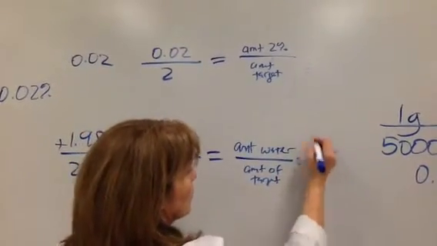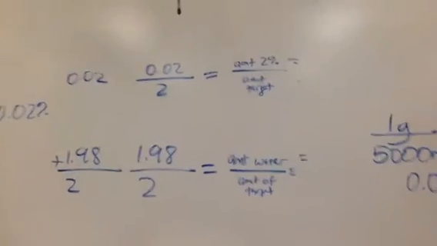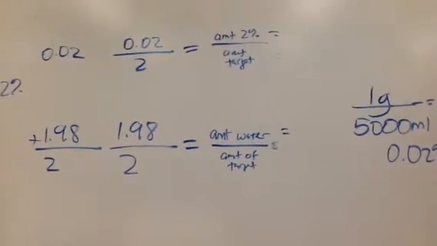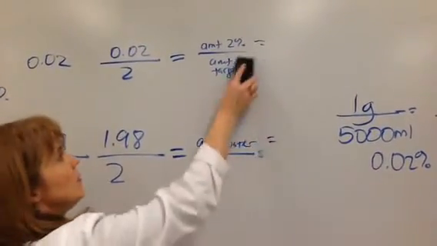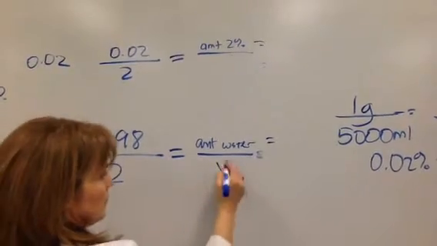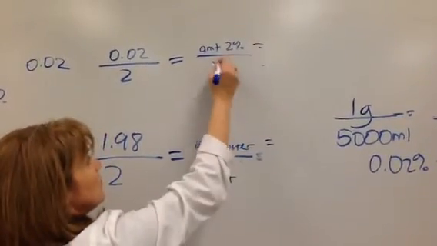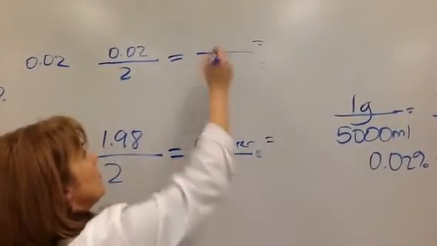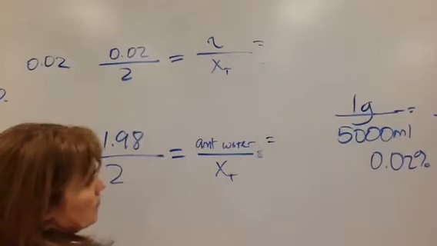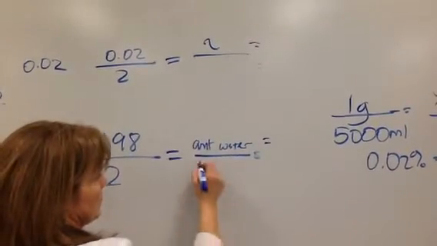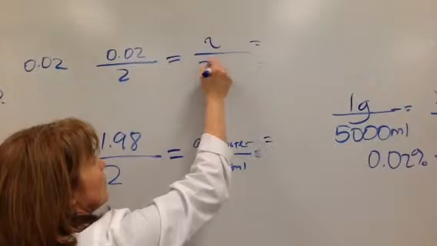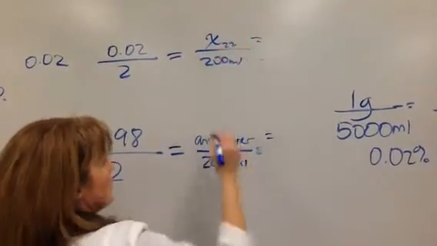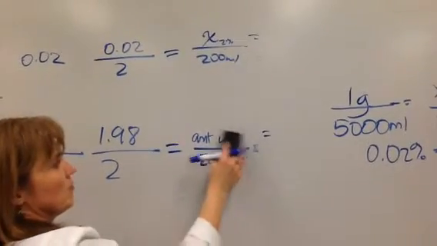So, what do we have? The target is 200 milliliters, so I can erase these here. And I can put the target. I'm sorry, wait a minute, it's 200. And this will be of the 2%, and the amount of the water here, which is the 0%.